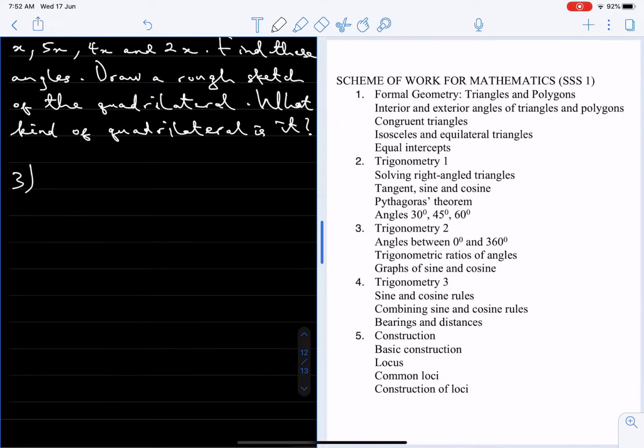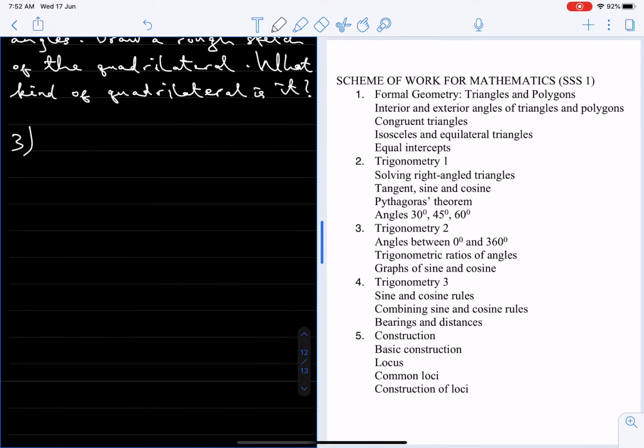I think we can take a last question. And this might be a bit tricky. What is the value of the angle marked x? This might be a bit tricky, but it doesn't make it difficult, I can assure you.